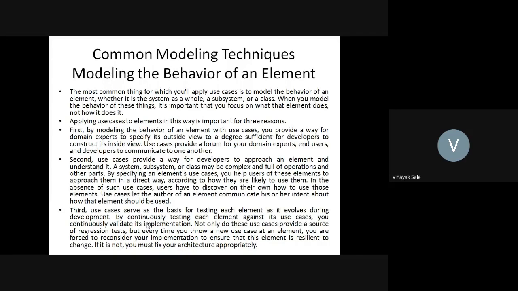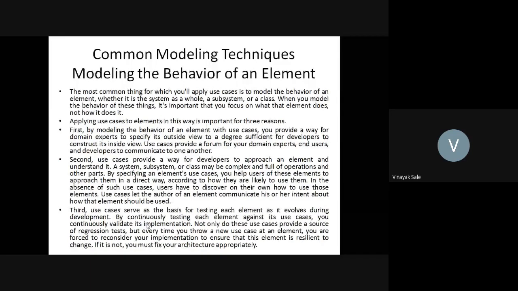Use cases provide a forum for your domain experts, end users, and developers to communicate with one another. Second, use cases provide a way for developers to approach an element and understand it. A system, subsystem, or class may be complex or full of operations and other parts.